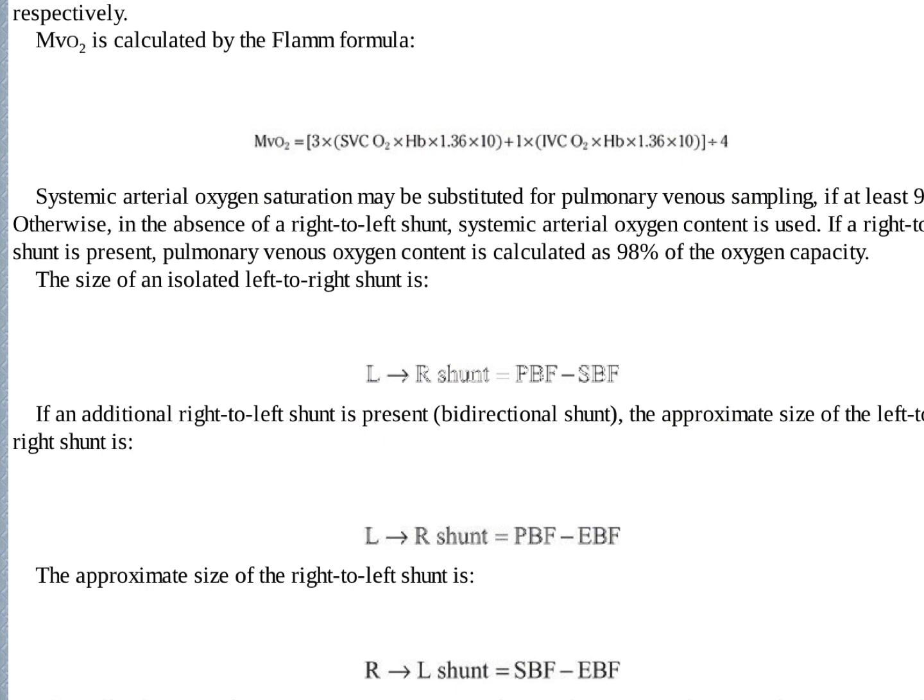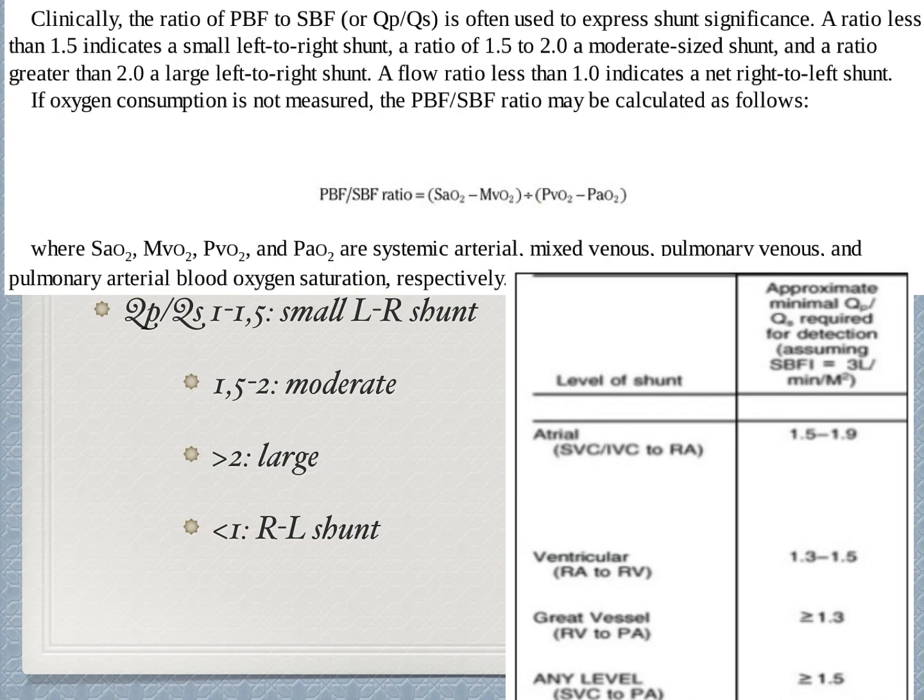Then which system will have a larger output? The right side. That is why you have to do PBF, pulmonary blood flow, minus SBF. That's the logic of this. And the difference between them will tell you how much is shunting. Then if you want to see if there's a bidirectional shunt, do PBF minus EBF. And if you want to know the size of the right to left shunt, do SBF, systemic, minus EBF.